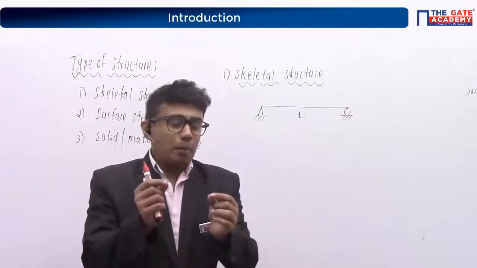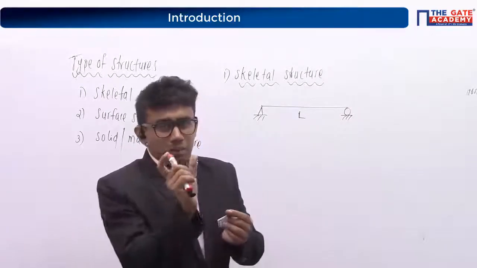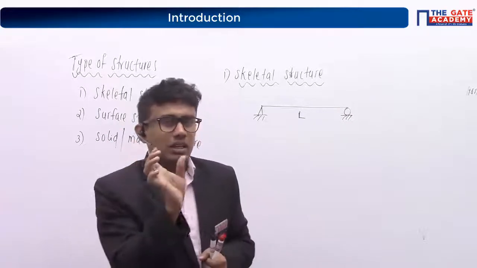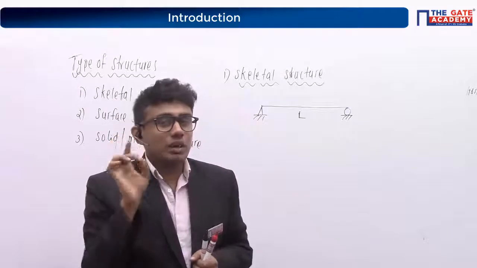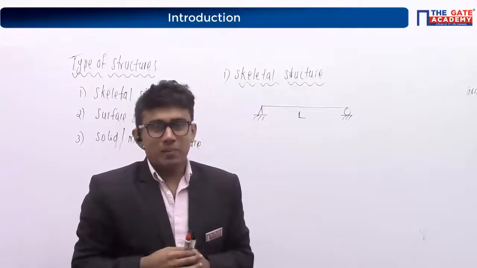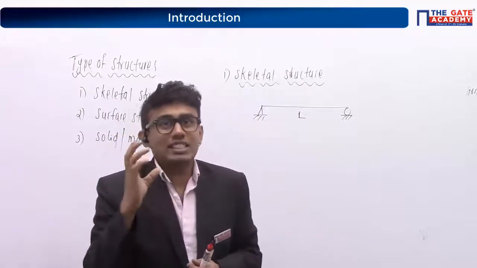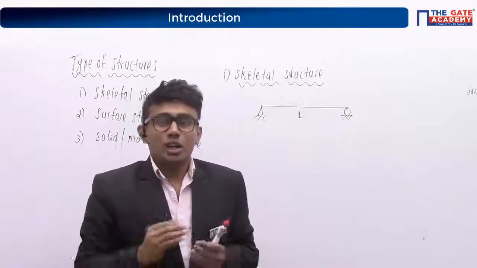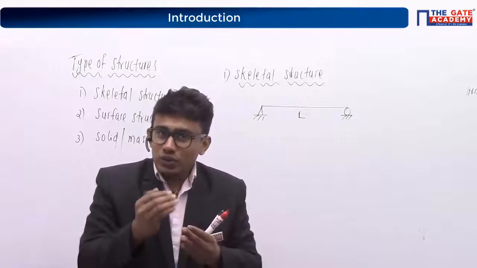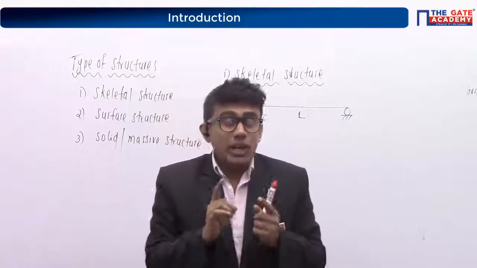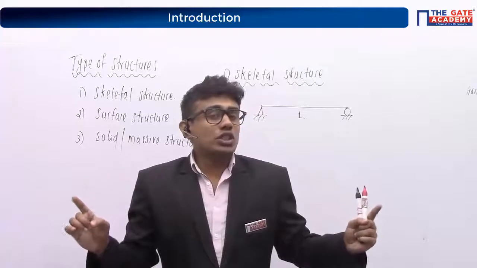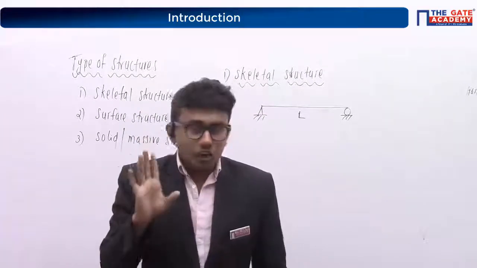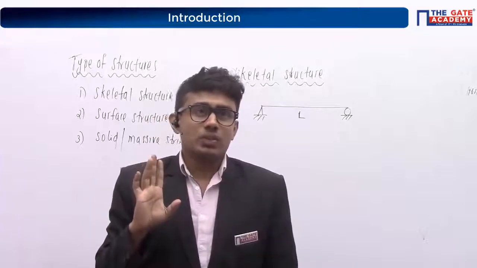When you compare the depth, breadth and length of the beam, which was considerable? As our Rajat said, the length of the beam was considerable. I am going to give the definition of skeletal structures like this. When one dimension of the structure is predominating the other 2 dimensions, we will call that a skeletal structure.